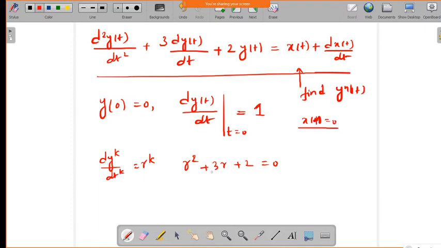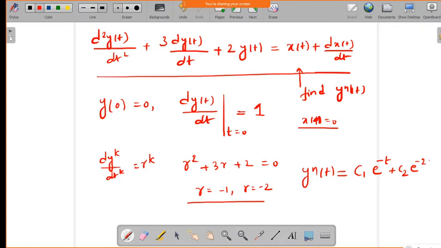If you find the roots of this equation, you will get r equal to -1 and r equal to -2. So now the natural response solution will be c1 into e power minus t, that is r1 equal to -1, plus c2 into e power minus 2t.